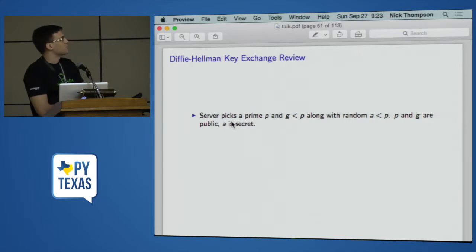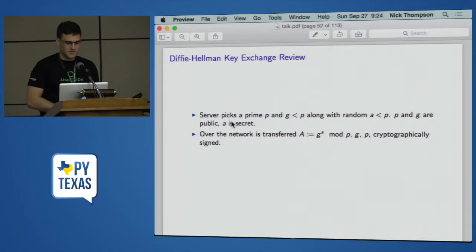So I'm just going to review Diffie-Hellman key exchange really quickly. Your server has a prime P, and then it has a group generator G, and it picks a random number A. Then on the server you compute G to the A mod P, and then transmit that number.